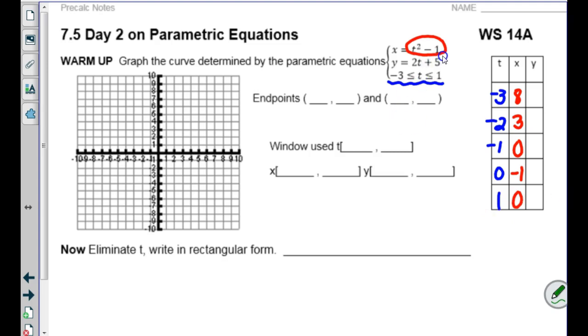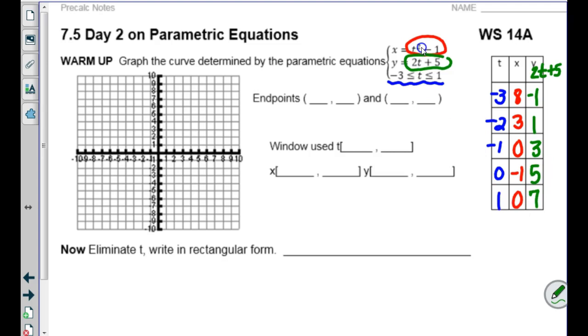Then the y definition is 2t plus 5. So we're not using the x to find the y. We're taking 2 times the t and adding 5. So ignoring the red, we have 2 times -3, which would be -6, plus 5 is -1. -4 plus 5 is 1. -2 plus 5 is 3. 0 plus 5 is 5. 2 plus 5 is 7.